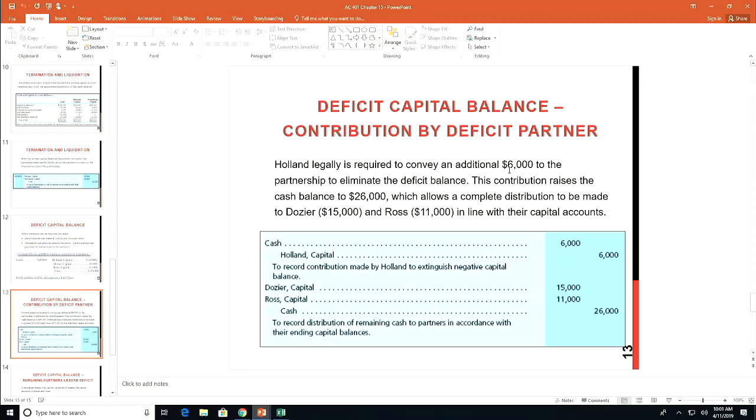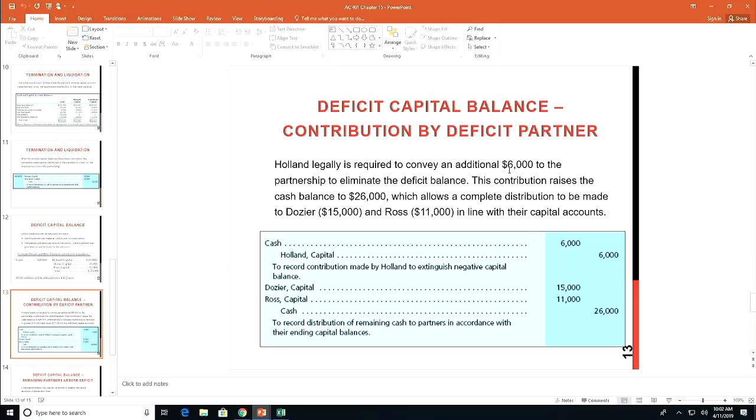Right. Now, what if Holland is personally insolvent? Holland doesn't have any car or house, or even a single penny in his personal bank account. He cannot pay anything. So in this type of scenario, what will happen? The solvent partners need to bear the risk. That's another dimension of unlimited liability.